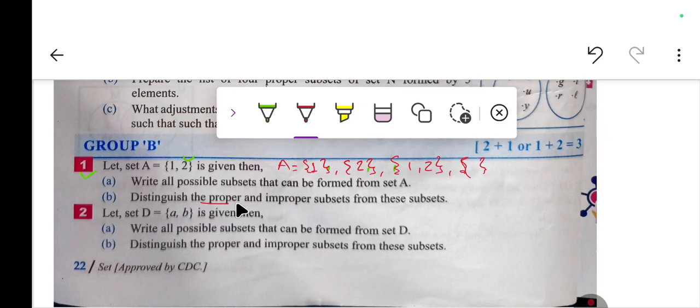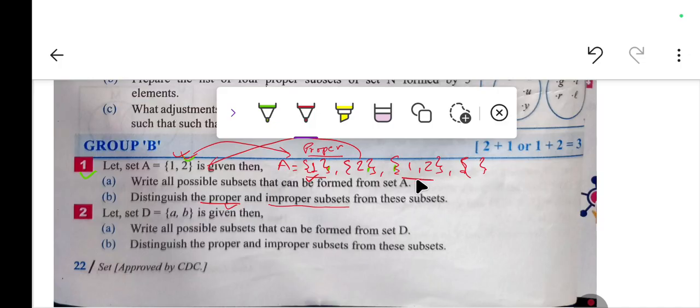Talking about proper and improper subsets, what does it mean in subsets? A proper subset means it should not be equal to the original, the main set. So this one is proper, not improper. Proper means less than the main one. The main one is {1, 2}, and {1} is less than that, it means it is a proper subset. Again {2} is also a proper subset because it is also less than set A, which has 1, 2 elements in it.